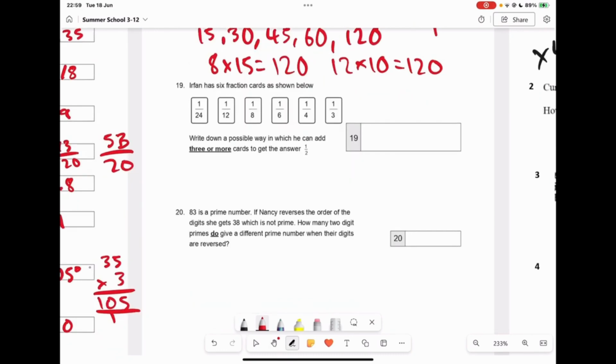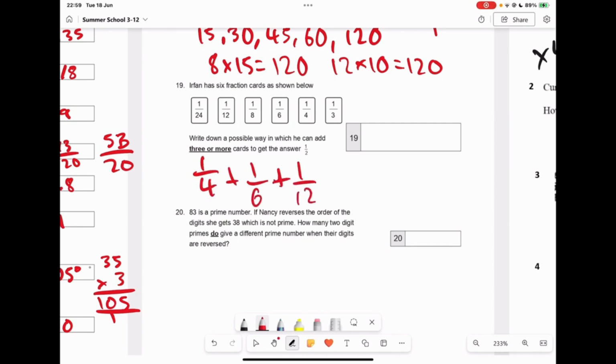Okay. Our fan has 6 fraction cards there. Write down a possible way which he can add 3 or more to get 1 over 2. Okay, so to get 1 over 2, he could add a quarter to a sixth to a 12th.